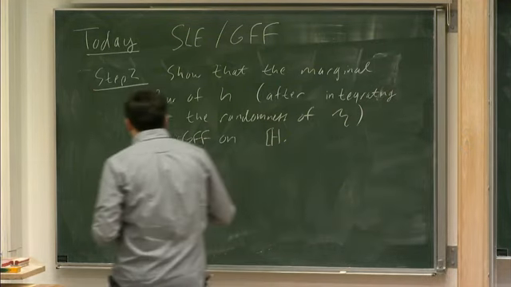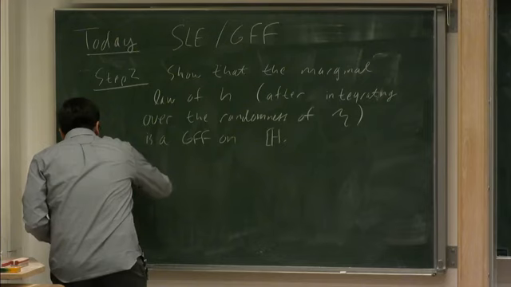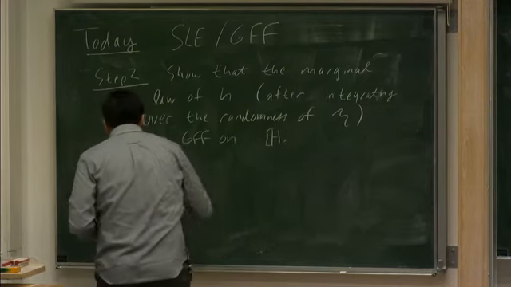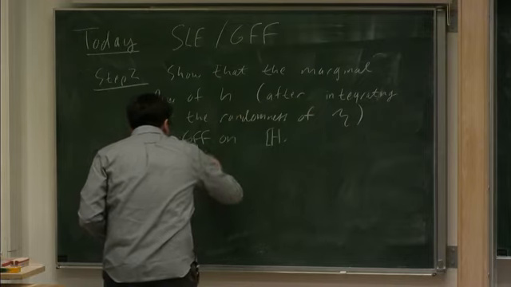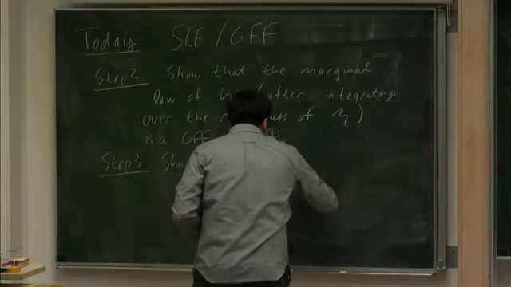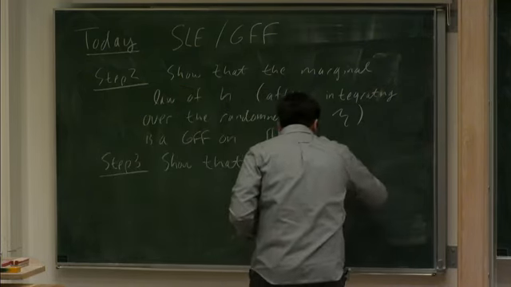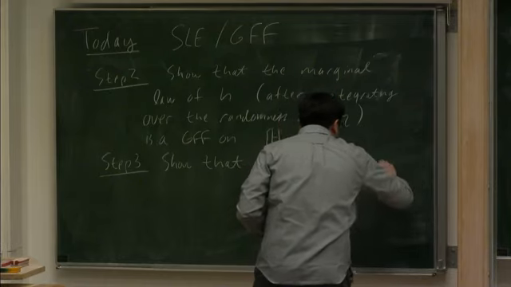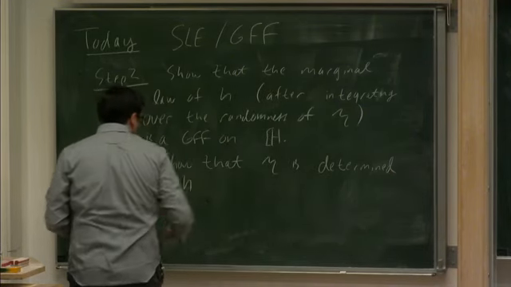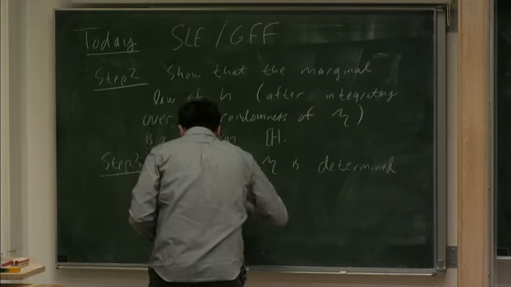Okay, and then upon doing this, the last thing that one would want to show is that the path that you built, eta, is determined by the Gaussian free field. Okay, and this is actually not clear from the construction.